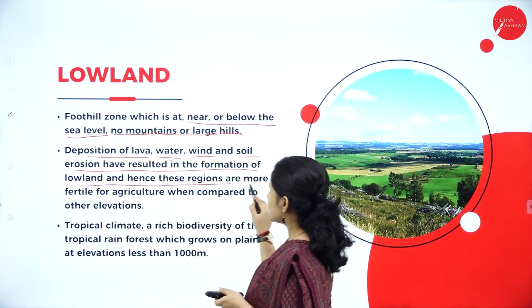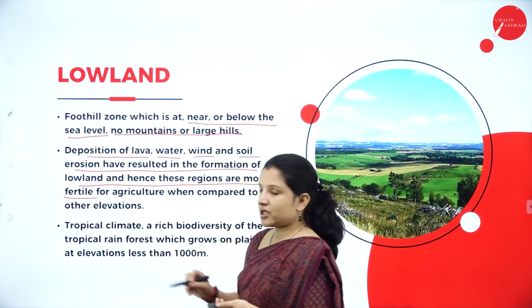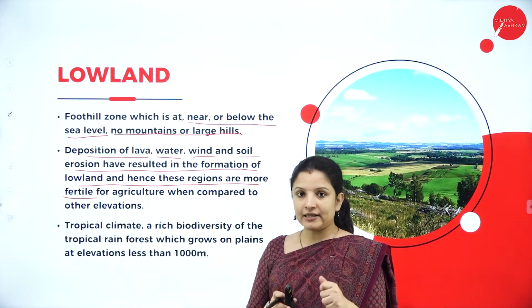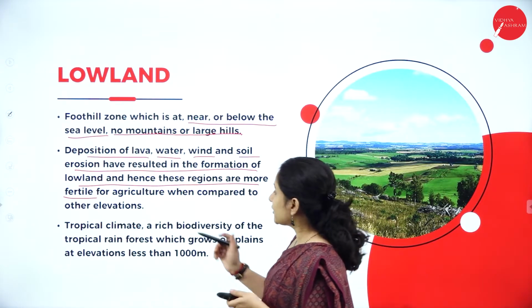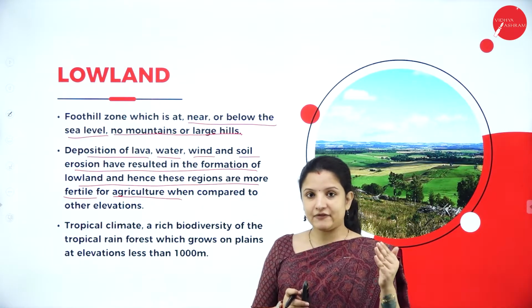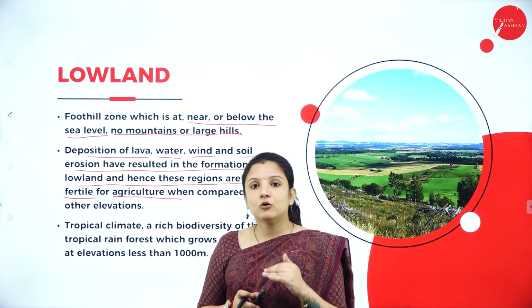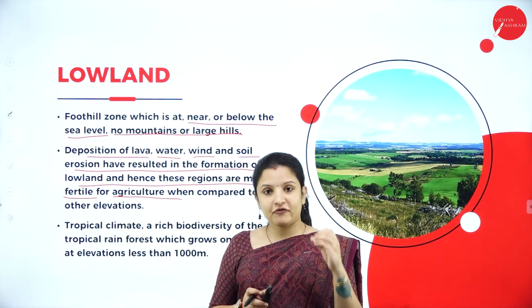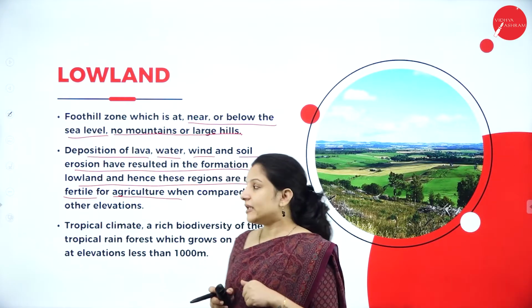Hence these regions are rich in soil content, and the soil is very fertile, so it is suitable for the growth of a number of plants, including for agriculture, when compared to other elevations. Therefore, human habitation, agriculture and farming are more in the lowland when compared to higher elevations.